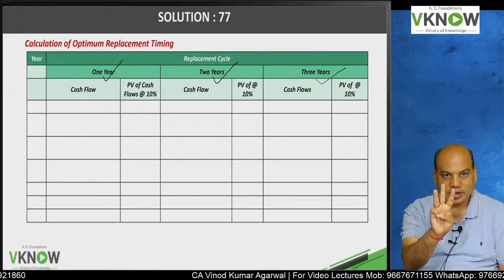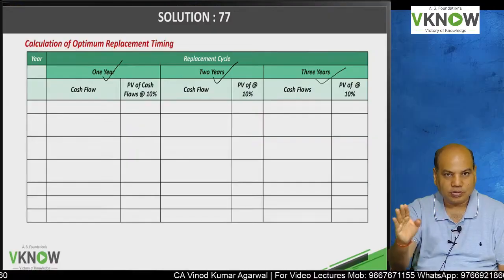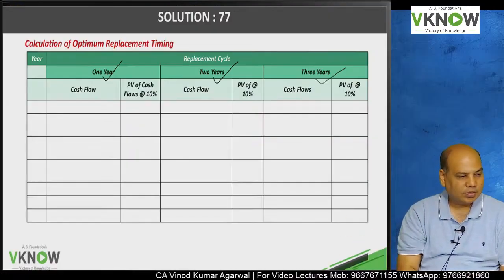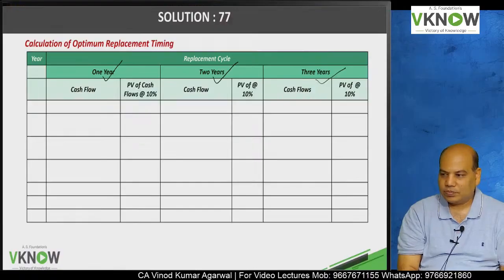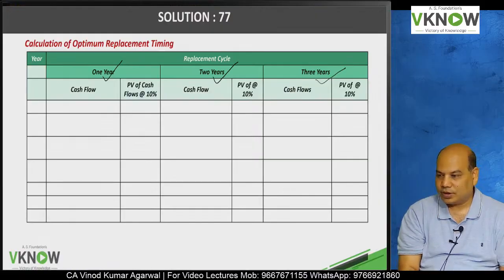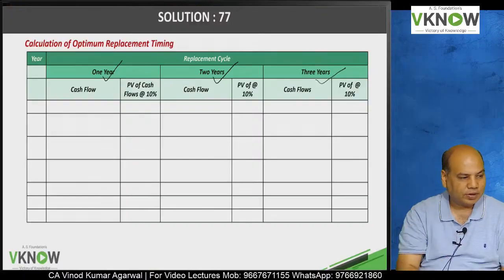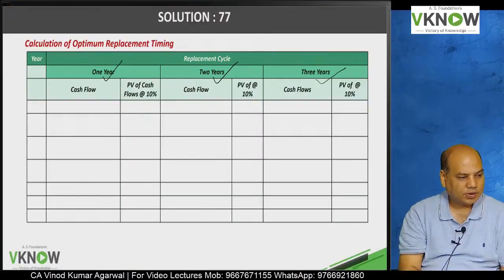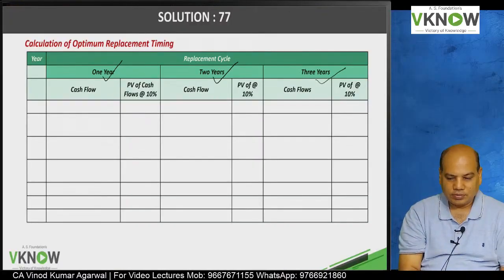Or you can prepare 3 tables, one for each cycle. Let us try this format. Up to 2 years, up to 3 years you can fit in 1 table, because if the number of years becomes 4 or 5, it is difficult to fit in a small space. So write down in 1 table only.